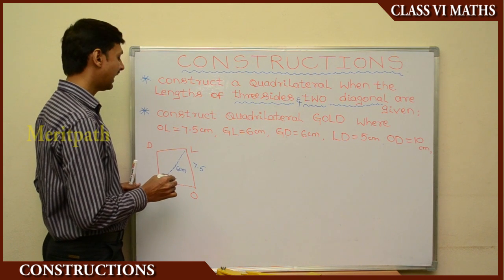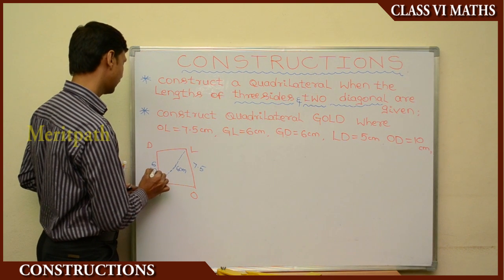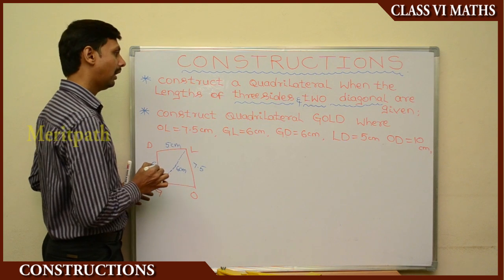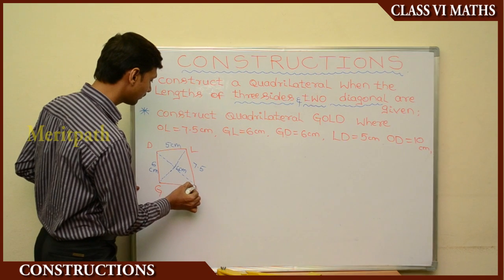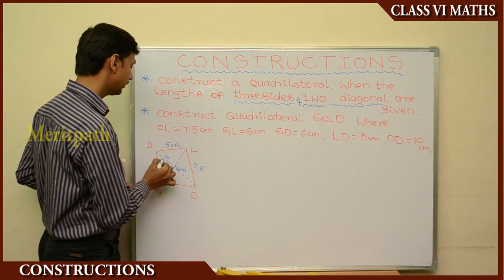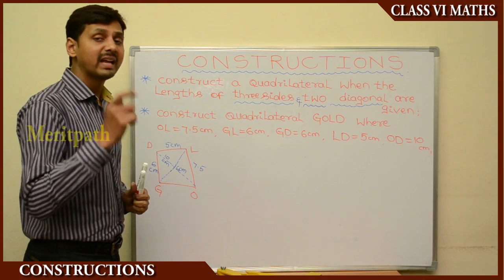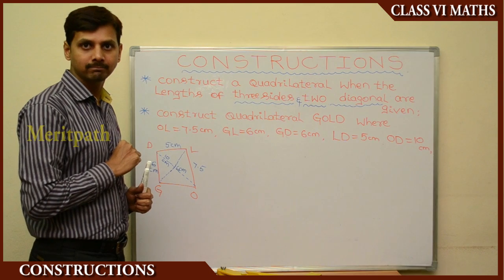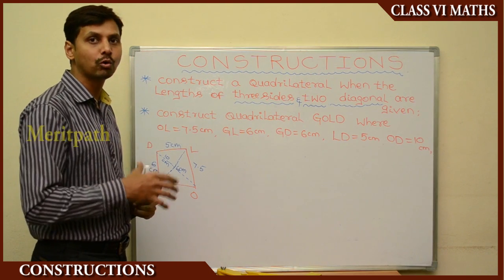GL is 6 centimeters and GD is 6 centimeters and LD is 5 centimeters and OD is 10 centimeters. So here we have 2 diagonals and the 3 sides are given. We need to find out this quadrilateral GOLD.